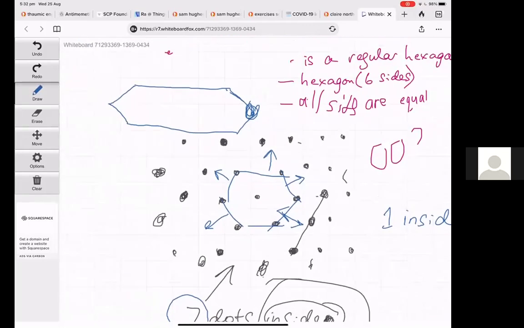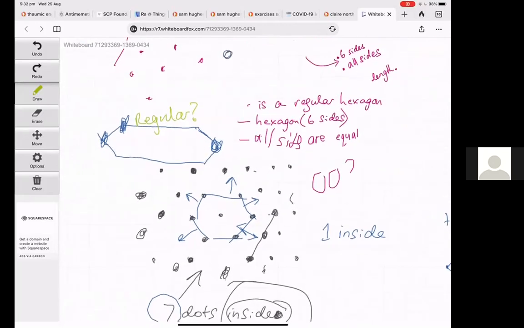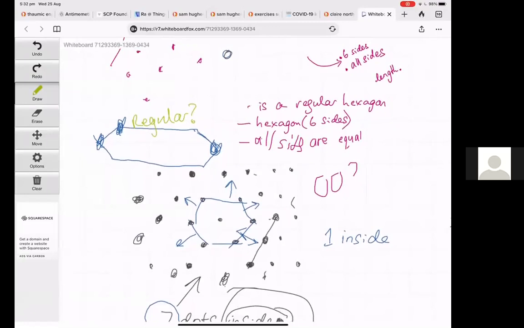But is this hexagon regular? Do you remember what regular means? It means that there have to be 6 sides for it to be a hexagon.